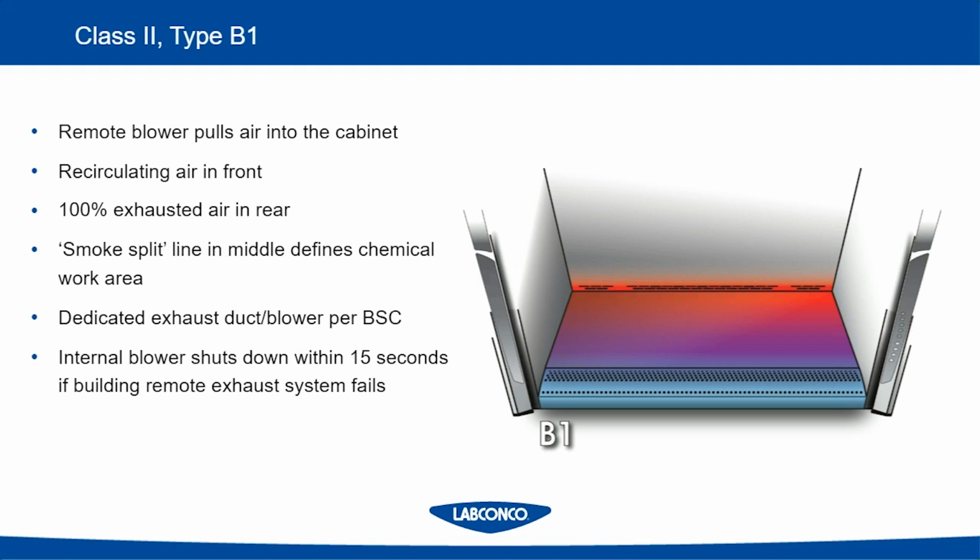These are typically located out on the roof of the building. This is the only blower within a B style cabinet that's providing exhaust. Because of that, B cabinets have very strict regulations that the internal blower, which is providing that supply downflow air to protect your product, must shut down within 15 seconds of detecting a remote exhaust failure.